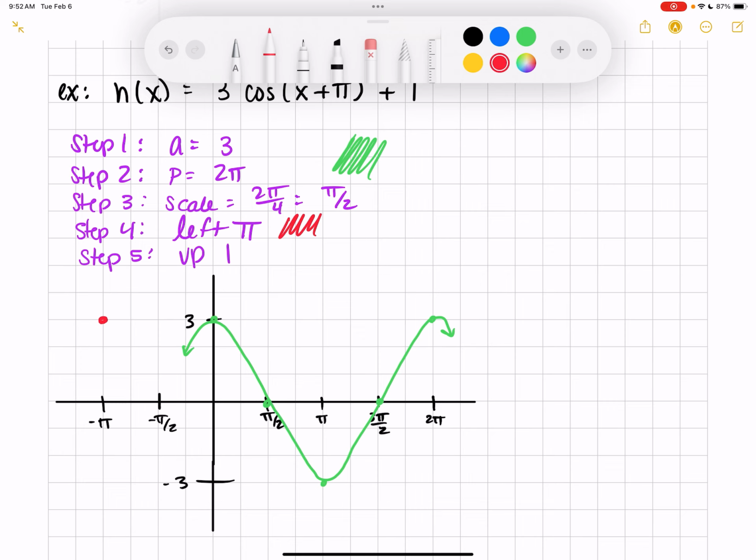This point goes from pi over 2 to negative pi over 2. This point goes from pi to 0. This point goes from 3 pi over 2 to pi over 2. And this point here goes from 2 pi to pi. So that's the graph shifted left pi.